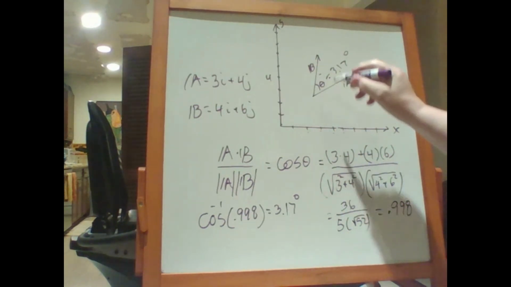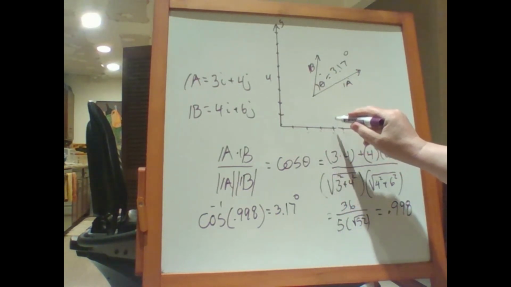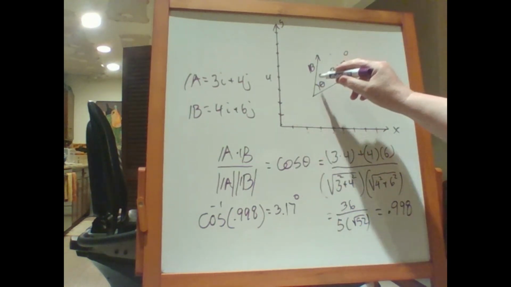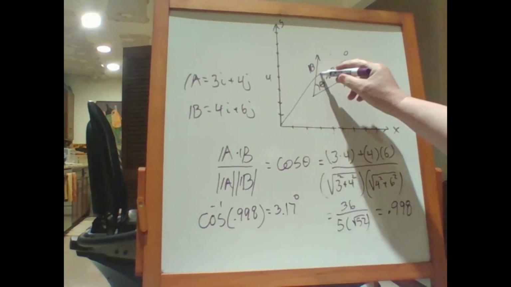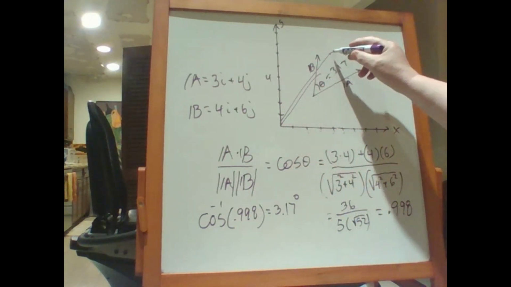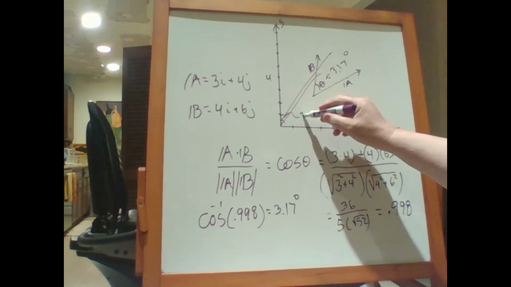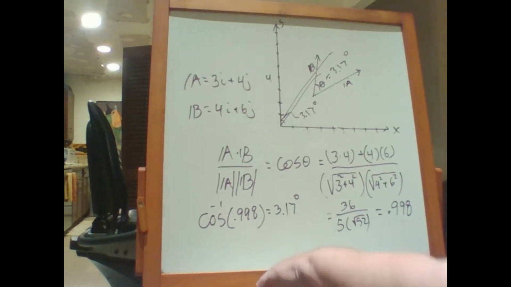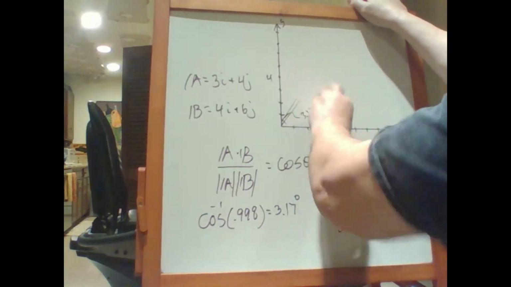So there's somewhere a line there, 1, 2, 3, 4, 1, 2, 3, 4, 5, 6. So it would be up there. It's almost the same vector. So it'd be that one and that one, and this angle is only 3.17 degrees. So you can see that it makes some sense, even though my drawing isn't so good.